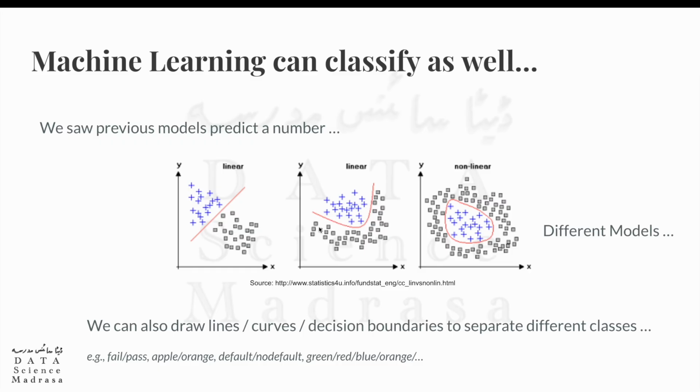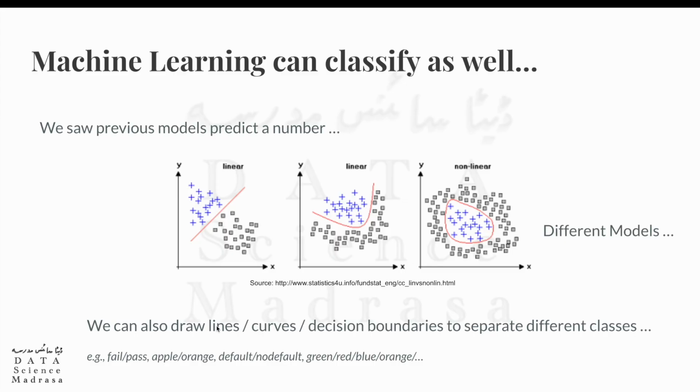In this case, we still have a linear relationship, albeit a quadratic line, and then a totally non-linear relationship because all of the crosses are surrounded by squares and there's a need to have a kernel there.